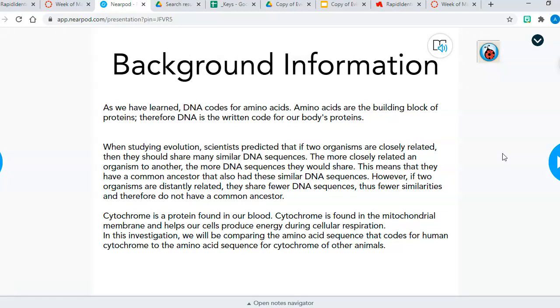As we have learned, DNA codes for amino acids. Amino acids are the building blocks of proteins. Therefore, DNA is the written code for our body's proteins. When studying evolution, scientists predicted that if two organisms are closely related, then they should share many similar DNA sequences. The more closely related organisms are to one another, the more DNA sequences they would share.